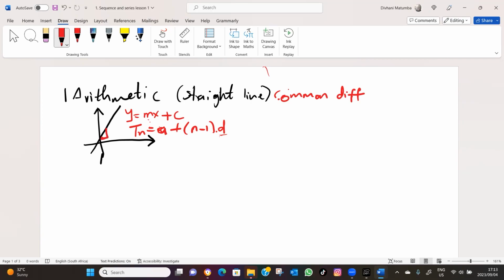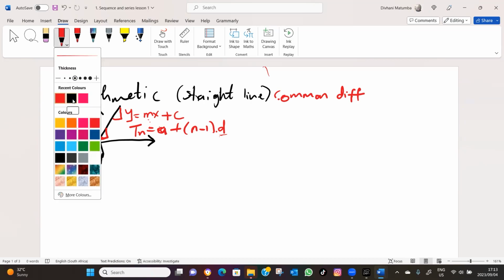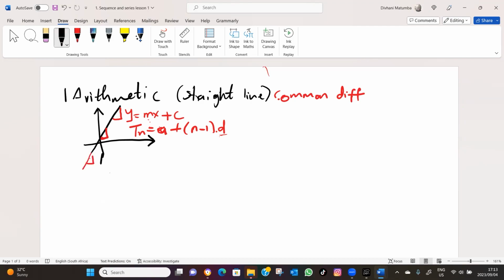As you can see, the slope or the value of m on your typical straight line graph is constant, meaning it's common everywhere. Therefore, whenever you deal with arithmetic sequences, you must think of a straight line graph.